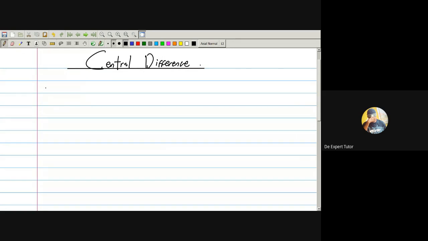Okay, so for central difference, this is the formula we make use of.